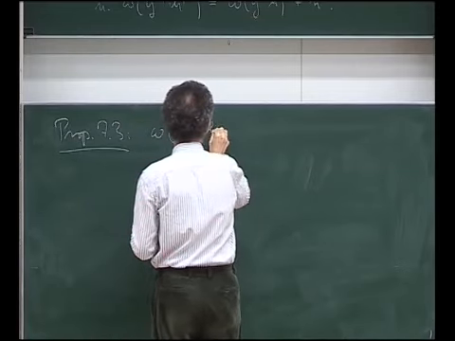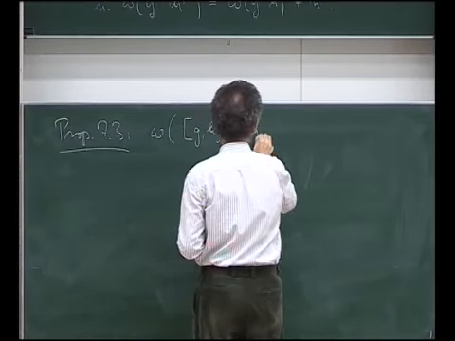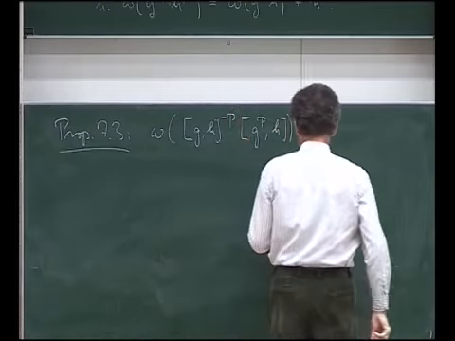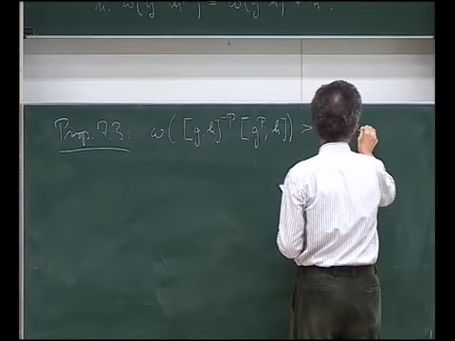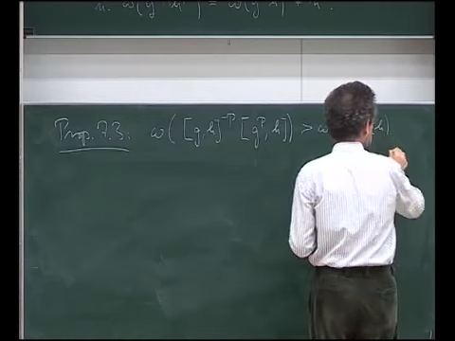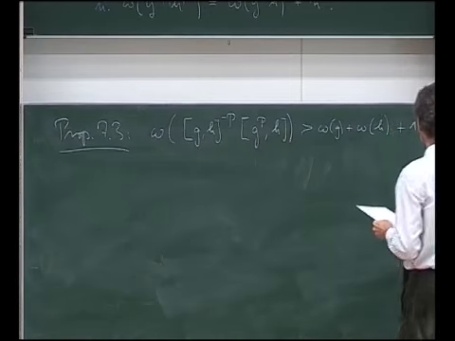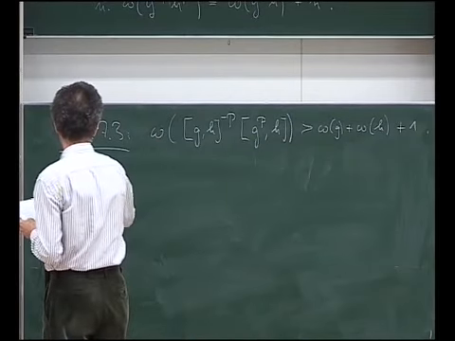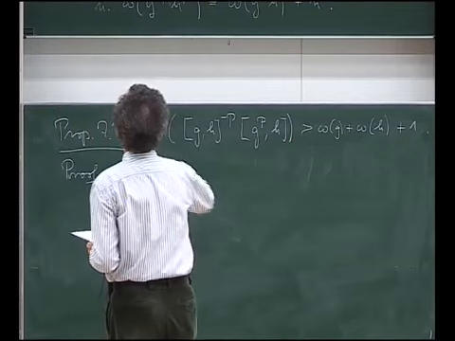So this is proposition 7.3, which says that omega of the commutator of g and h to the minus p times the commutator of g to the p times h is strictly bigger than omega g plus omega h plus 1.